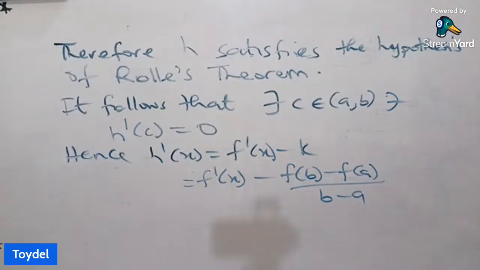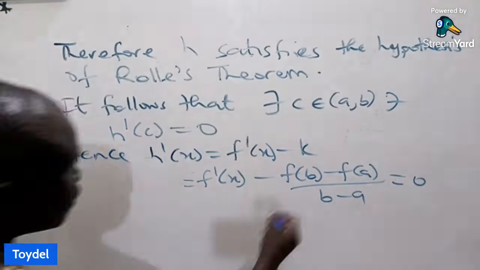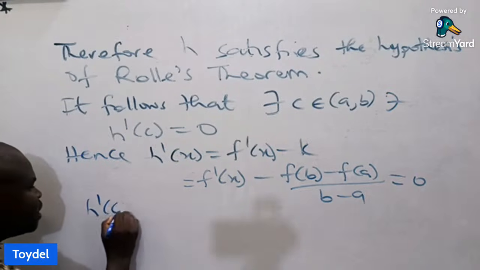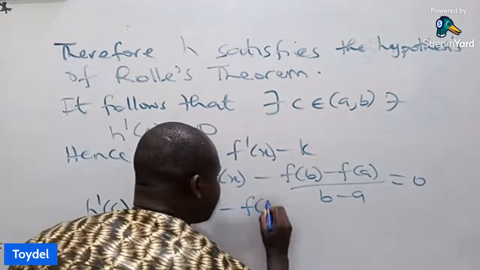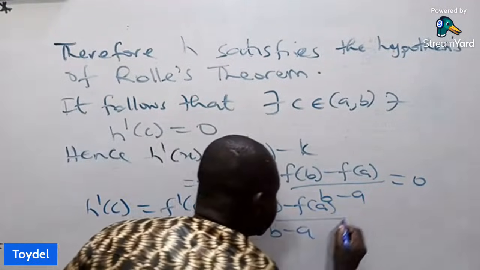Then h prime of c equals 0. So h prime of c will now be f prime of c minus f of b minus f of a all over b minus a, which is equal to 0.